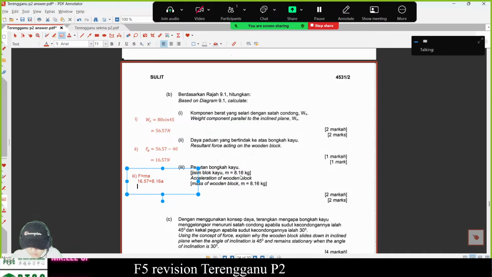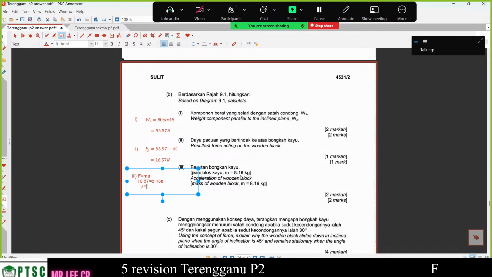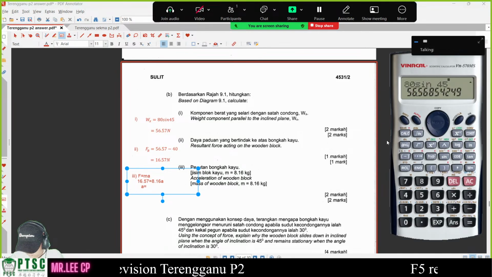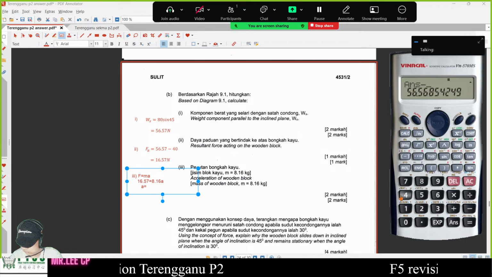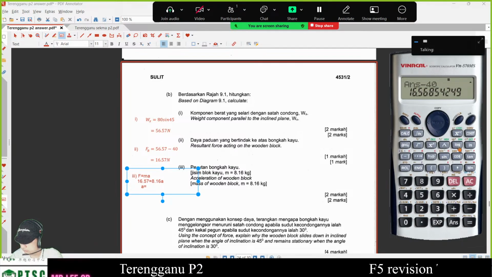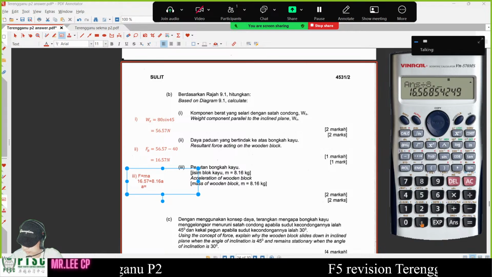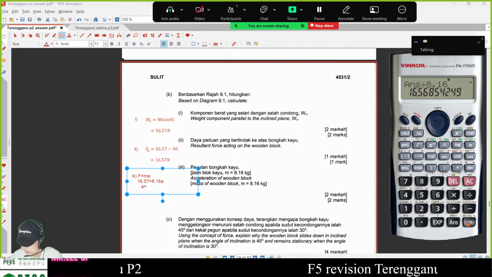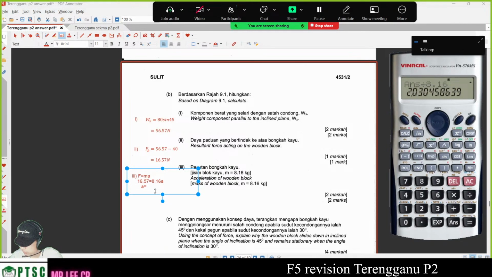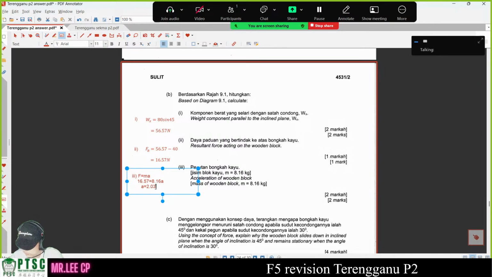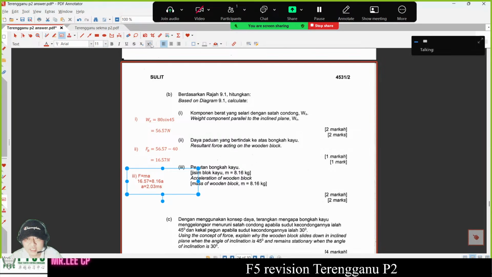So your a will be 16.57 divided by 0.16. Your answer is going to be 2.03. Unit is ms negative 2.